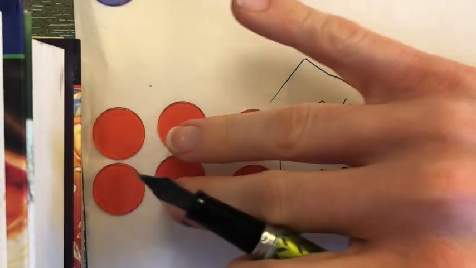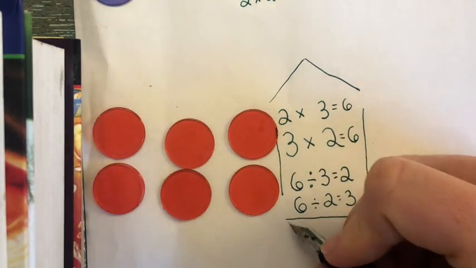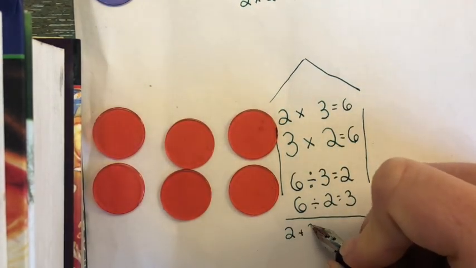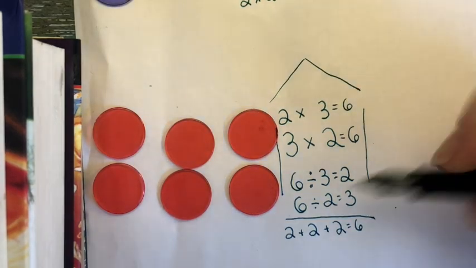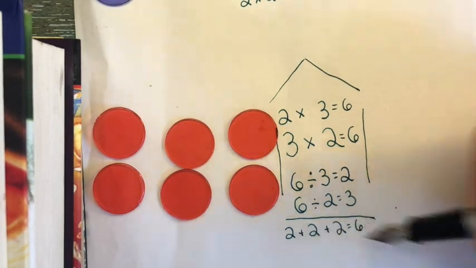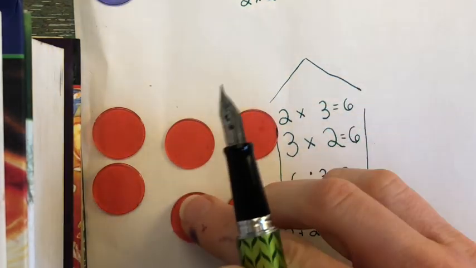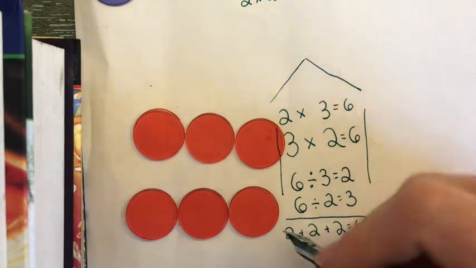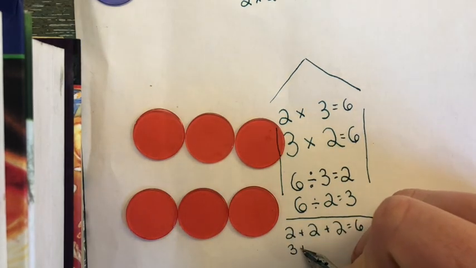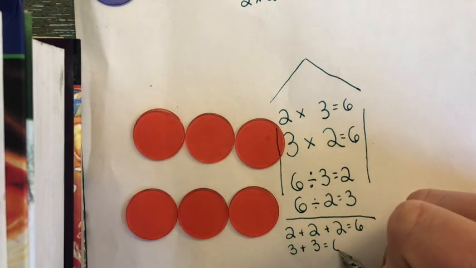So I have 2 plus 2 plus 2. 2 plus 2 plus 2 is 6, and that's the same as saying 1, 2, 3 groups of 2. And then I could also do it the other way. So I've got 3 plus 3 equals 6.